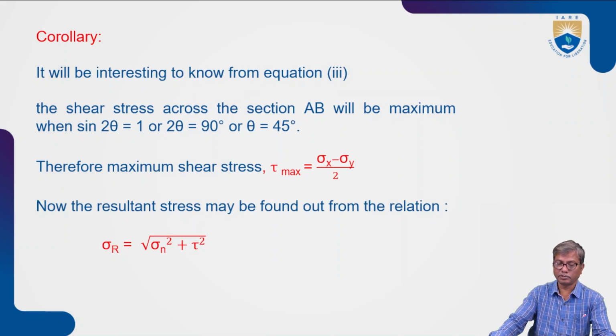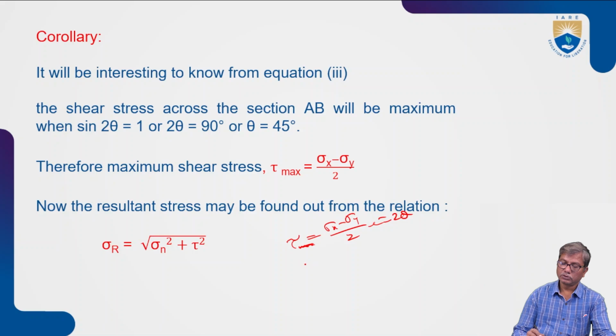They are called principal planes. So we can locate principal planes also now by using the definition. So here we have seen tau is equal to sigma x minus sigma y by 2 sine 2 theta. So for principal planes, tau should be 0, isn't it?